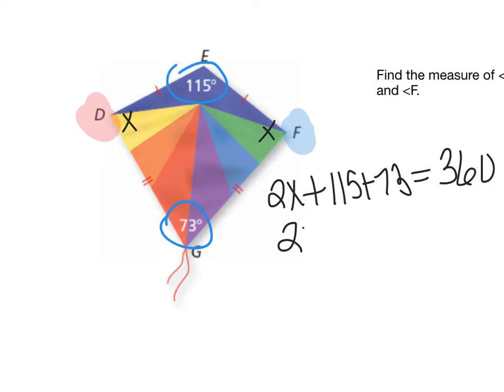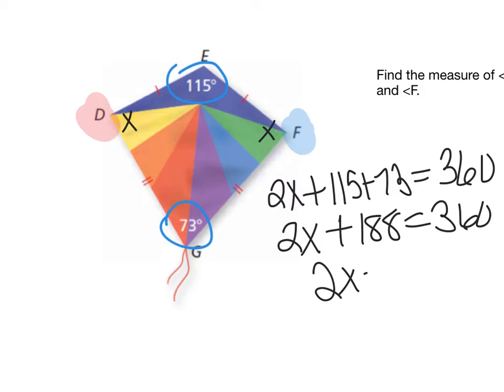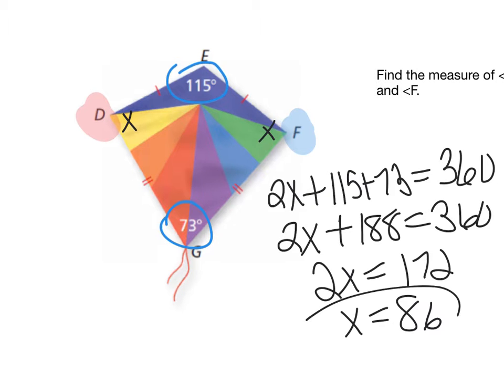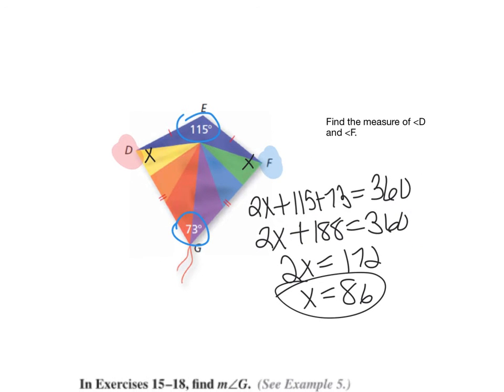If we combine our like terms on the left, we get 188. If we subtract 188 from both sides, we get 172. And if we divide by 2, we get x equals 86. So you're going to have to use these properties from before about quadrilaterals to go along with the kites.